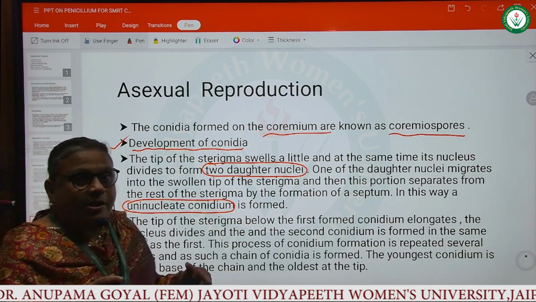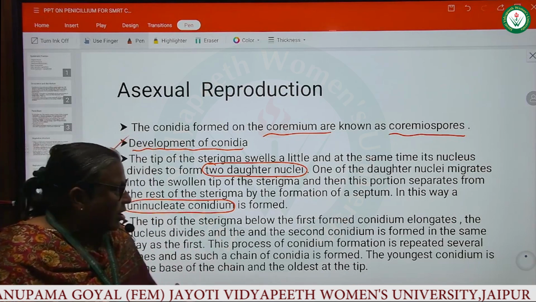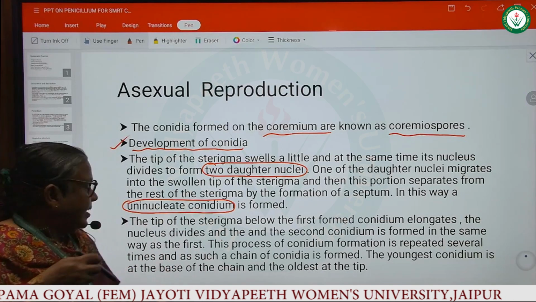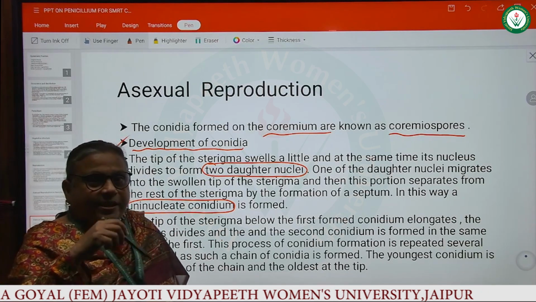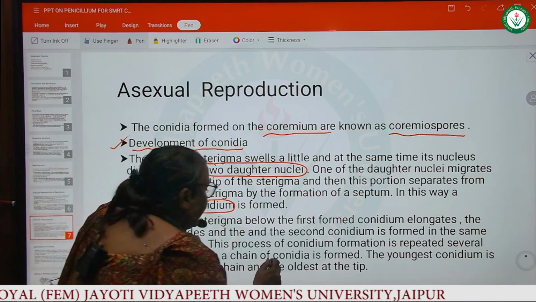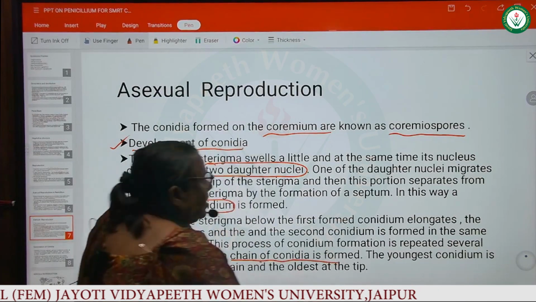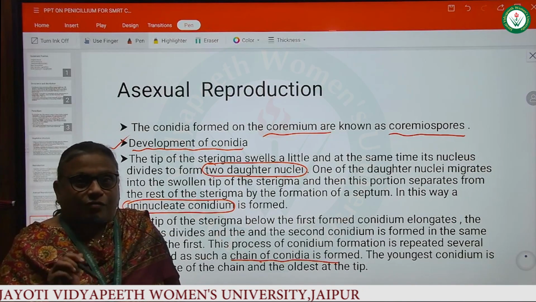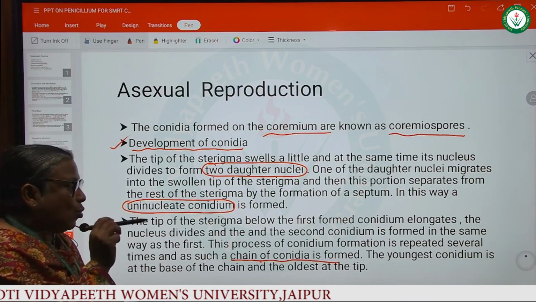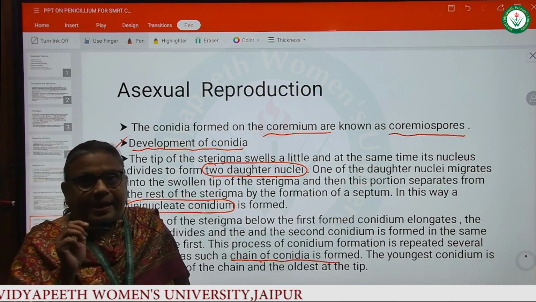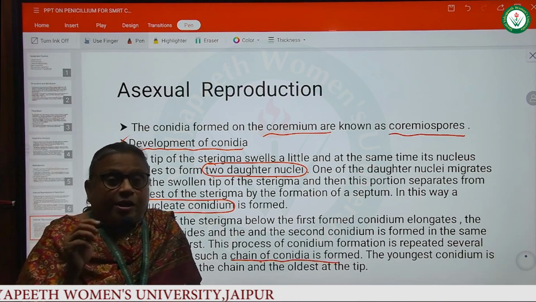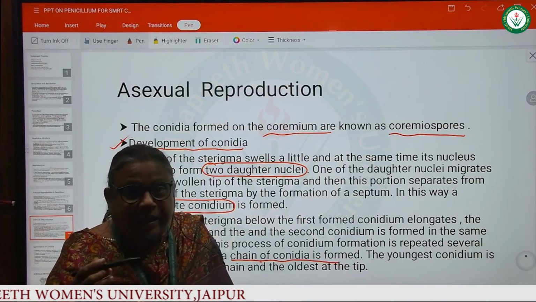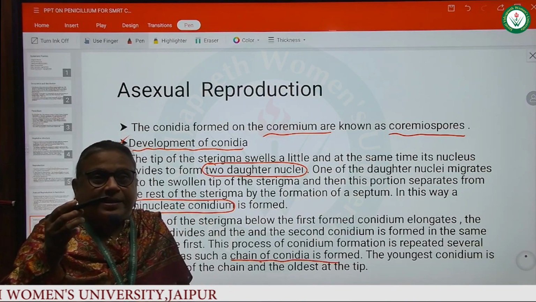This process of conidium formation is repeated several times, and as such a chain of conidia is formed. The youngest conidium is at the base of the chain, and the oldest conidium is at the tip of the chain. So, students, the conidia develop in basipetal succession.